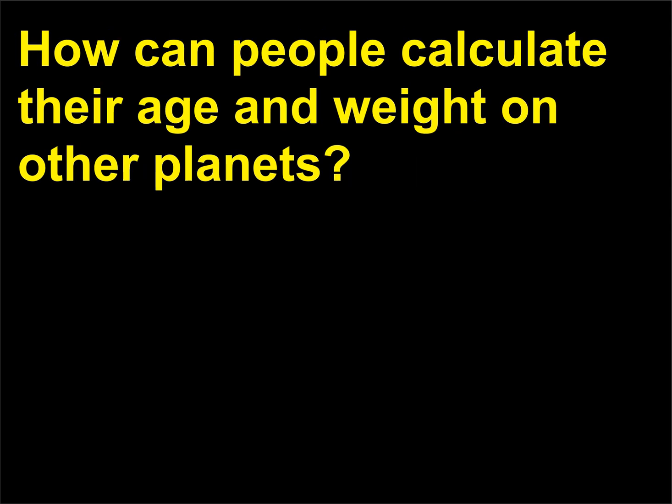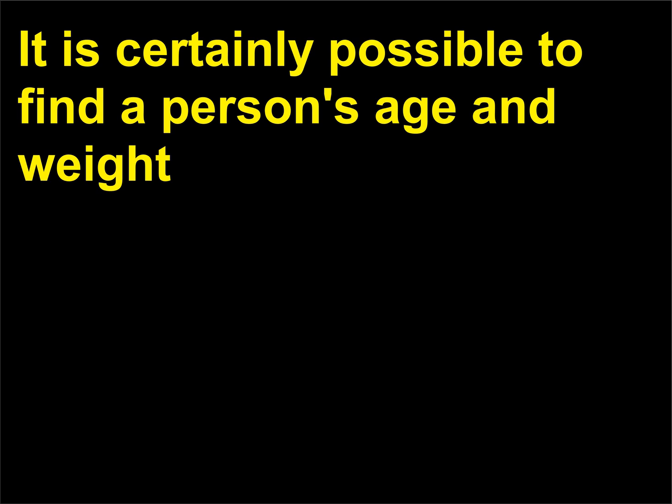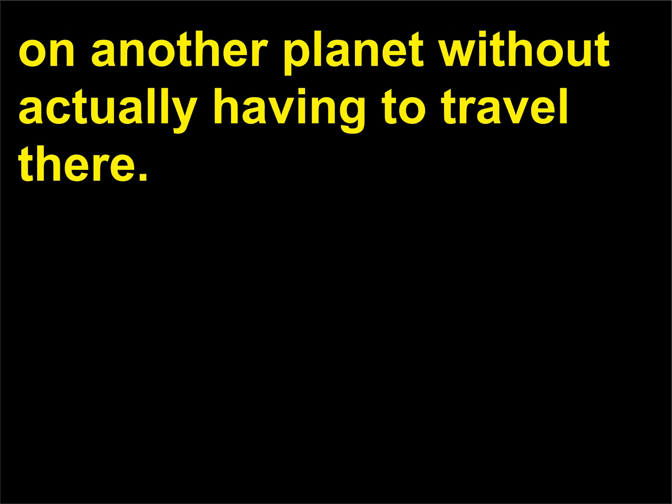How can people calculate their age and weight on other planets? It is certainly possible to find a person's age and weight on another planet without actually having to travel there.